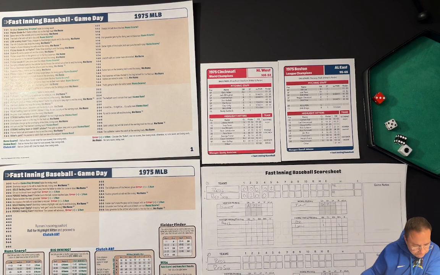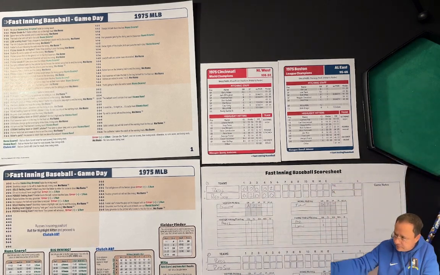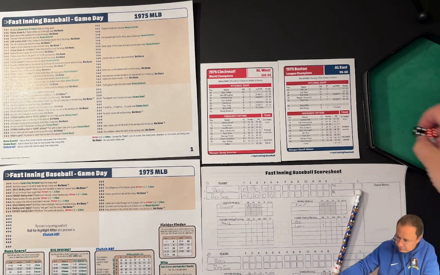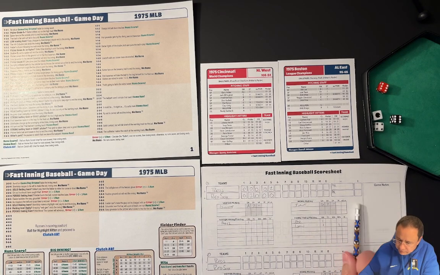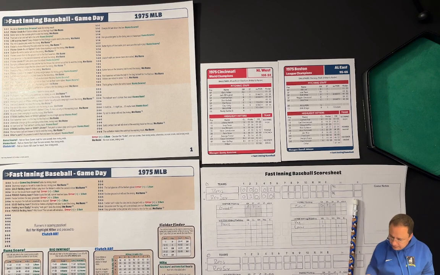Bottom 5. 3-5-6. Fielding team flashy, yes. No runs on 1 hit. Top of 6. 4-4-6. Clutch at bat for the Reds. It's going to be a clutch at bat for Ken Griffey, who's a B+, versus the B+ rating of Tiant. 61.